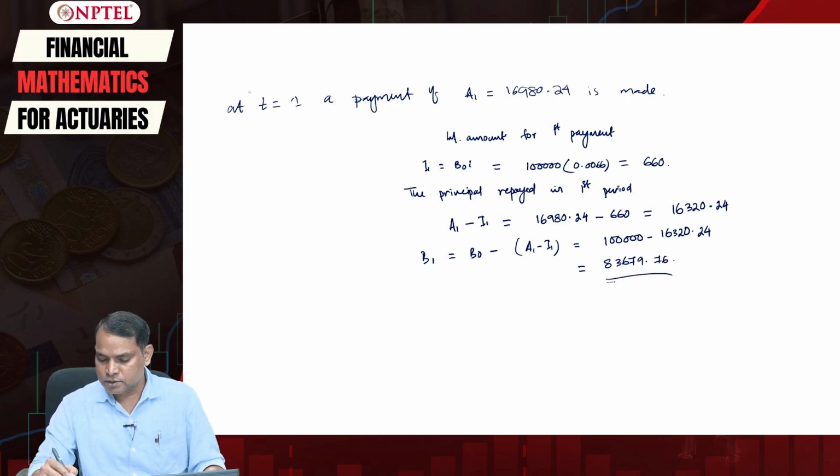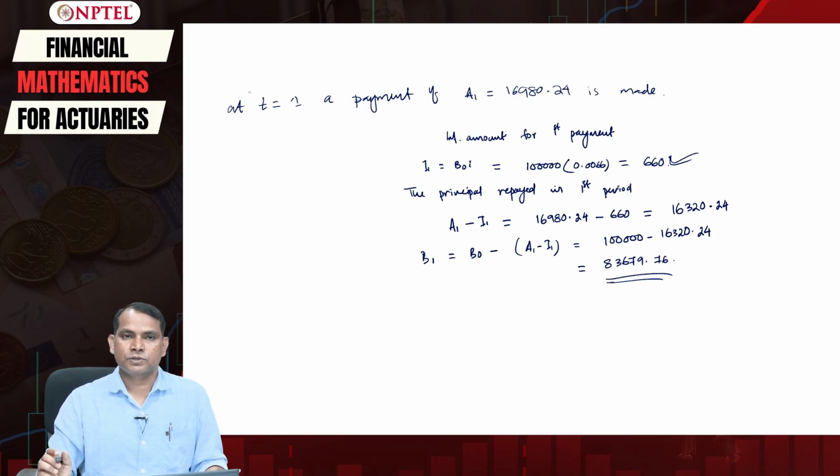Okay, so this is the total outstanding balance in the first period. The initial amount we know is 1 lakh rupees. The total interest will be 660, and the principal repaid is therefore 16,320.24.